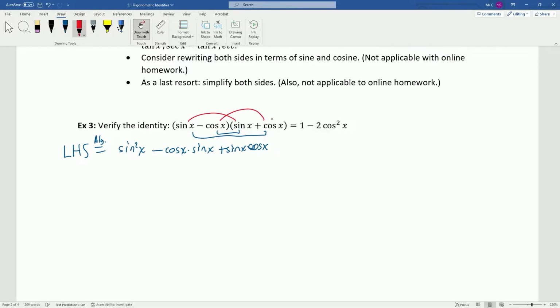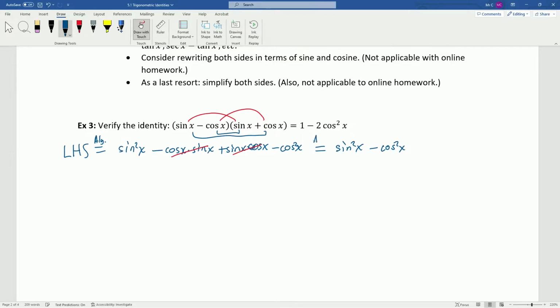And I multiply negative cosine of x by cosine of x, and that gives me negative cosine squared of x. Now, here my middle terms canceled, and that should make sense because these two things up here were conjugates to one another. And that leaves me with sine squared of x minus cosine squared of x.